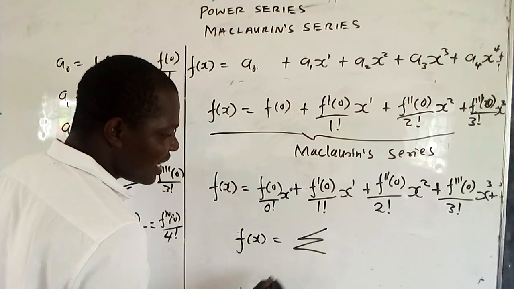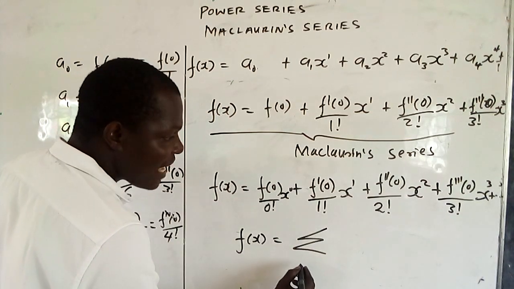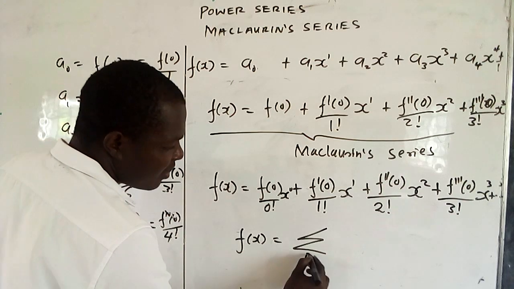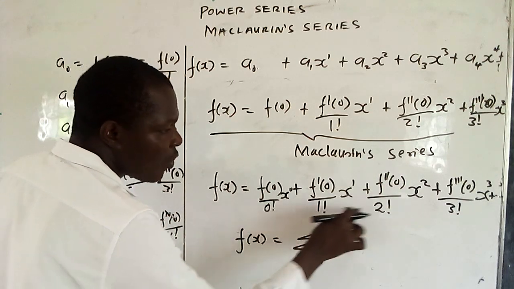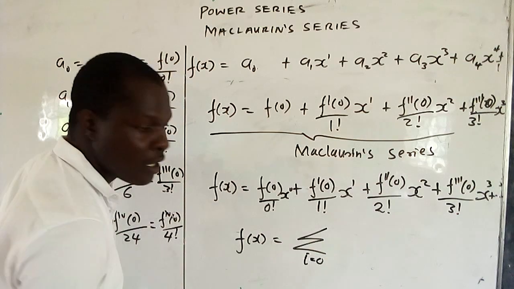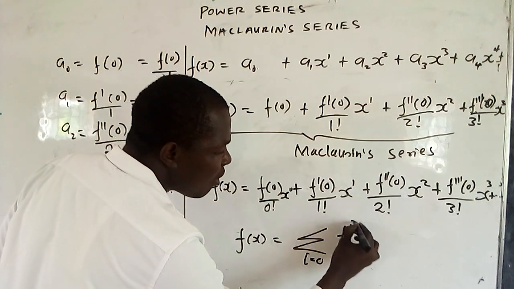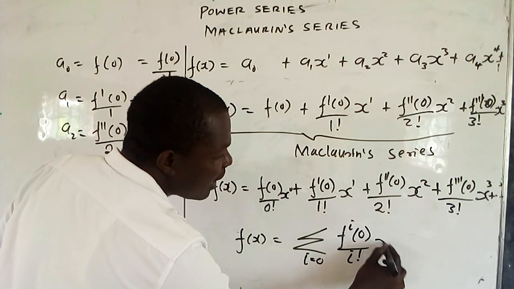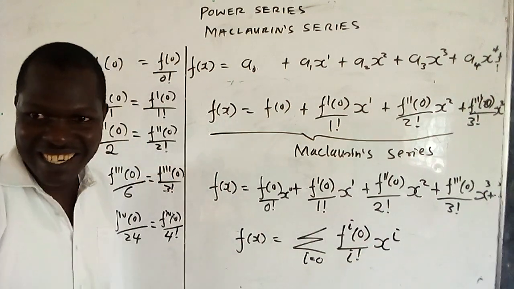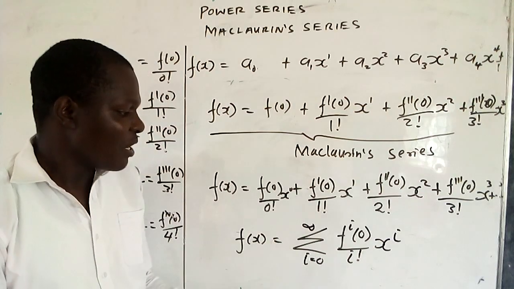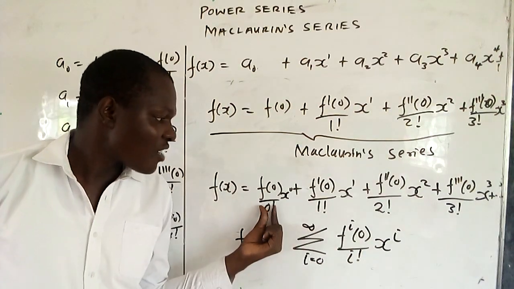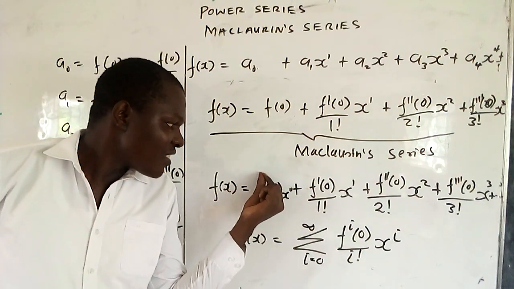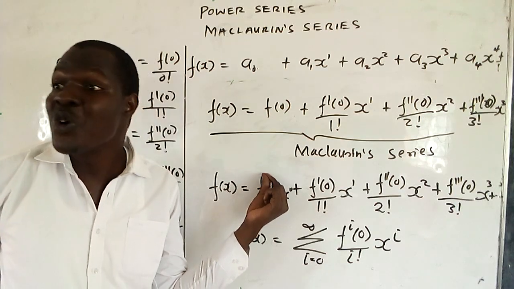Yes. So you are expanding from i equals 0, you can see 0, 1, 2, 3. That is what is changing, isn't it? You are summing f of i of 0 over i factorial x raised to power i, from 0 to infinity. Meaning when i is 0, you have 0 factorial f of 0, it means you've not differentiated it.